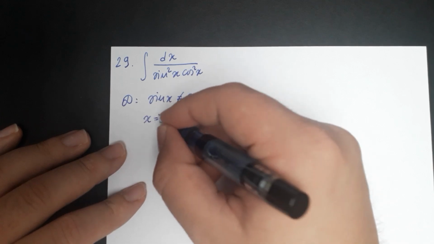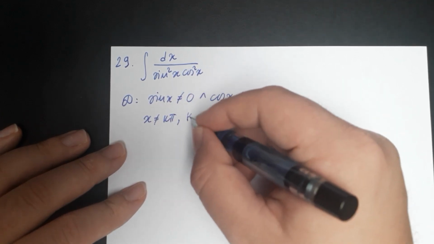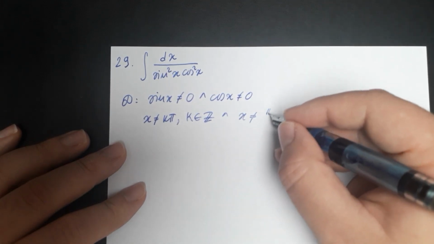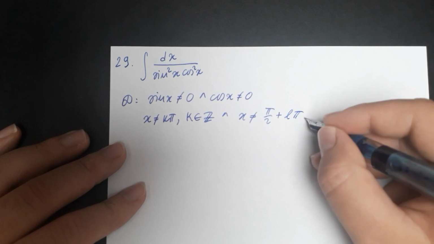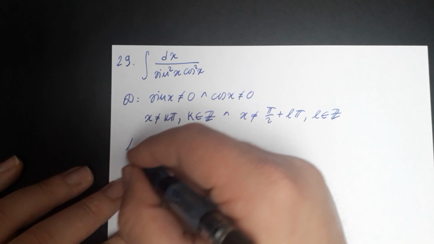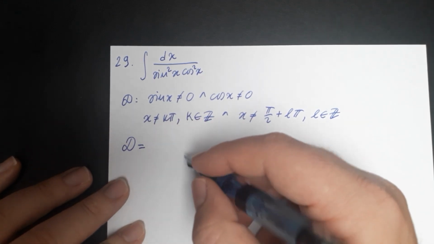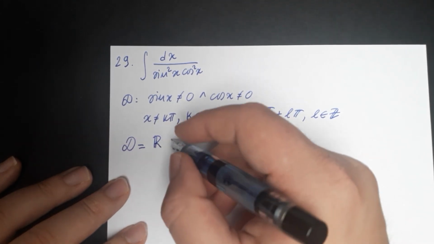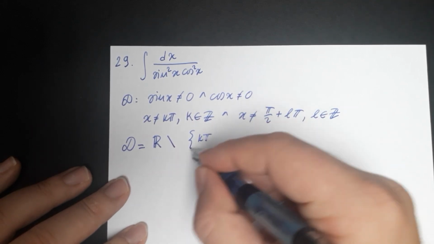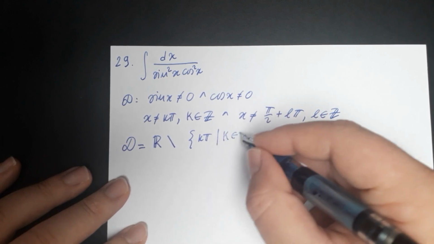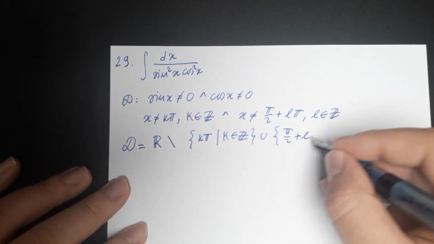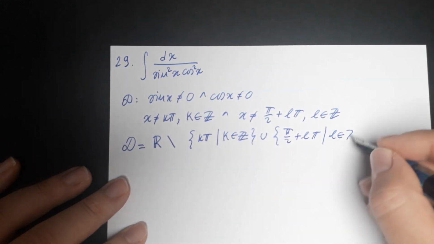That means that x has to be different from kπ, where k is an integer, and x has to be different than π/2 plus lπ, where l is an integer. Well, that means that the area in which this integral is defined is the set of all real numbers when we exclude from it all the points kπ, where k is an integer, and all the points π/2 plus lπ, where l is an integer.